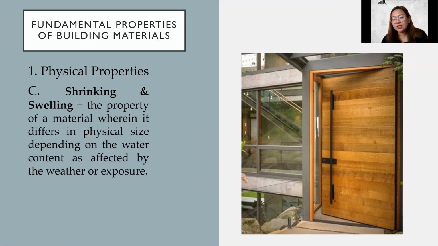Namamaga si kahoy ngayon. So, yun yung isang reason kung bakit hindi mo siya masara ng smooth, hindi siya nag-fit. And then by the time na uminit na, syempre si moisture unti-unting malelesen dahil nga uminit, magsishrink ngayon si material.